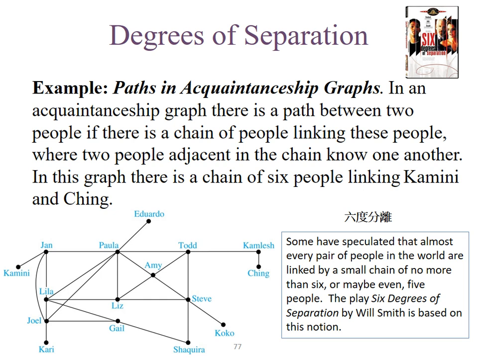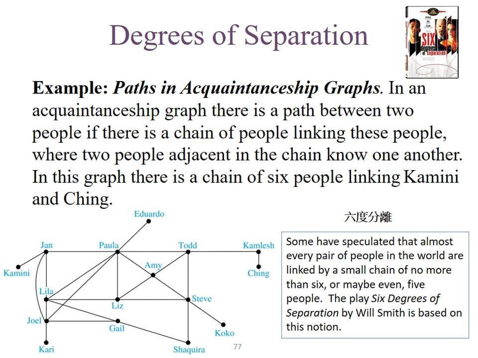Right? So actually we have a very interesting theory. Actually it's not a theory, it's just a conjecture. Everyone in the world may be linked by a small chain of this acquaintance graph by six people. For example, we have Kamini here.